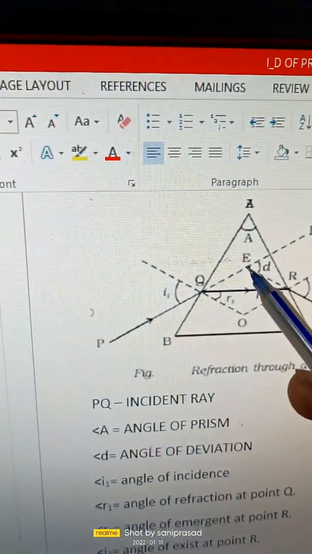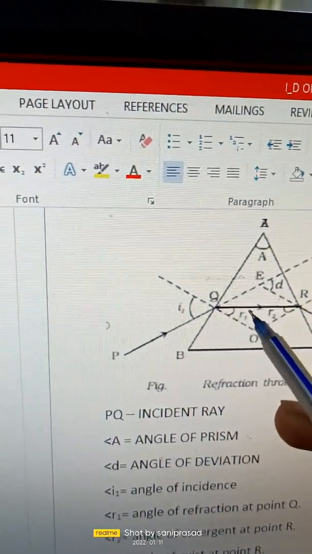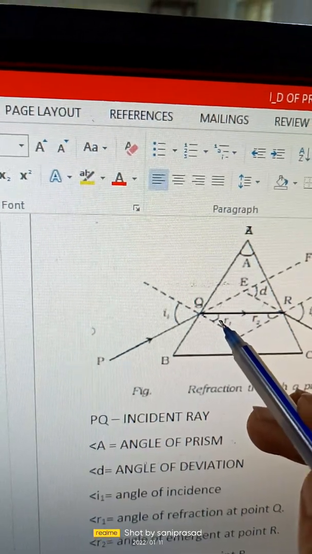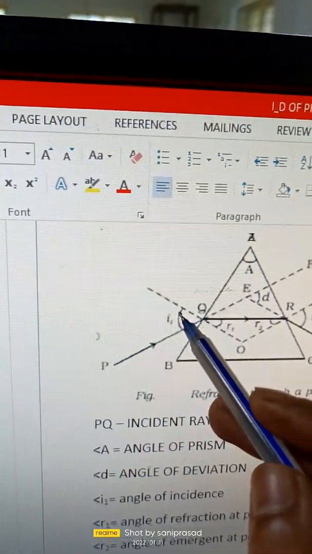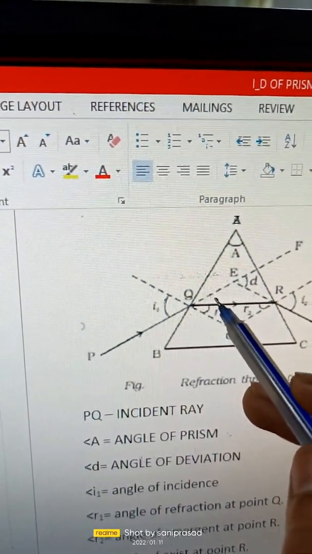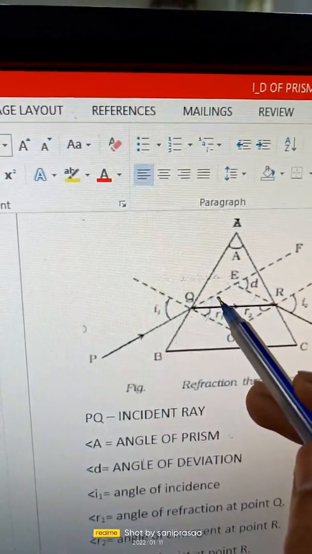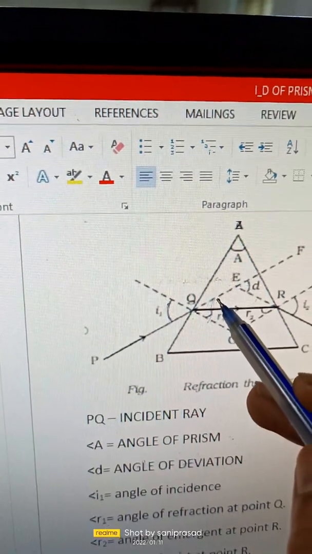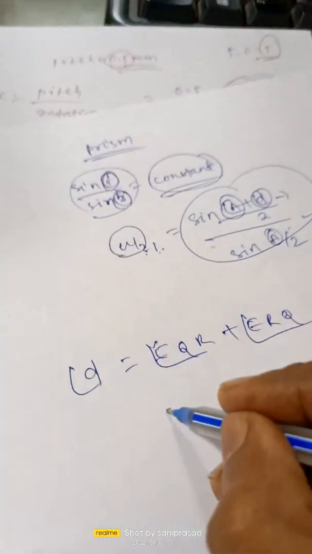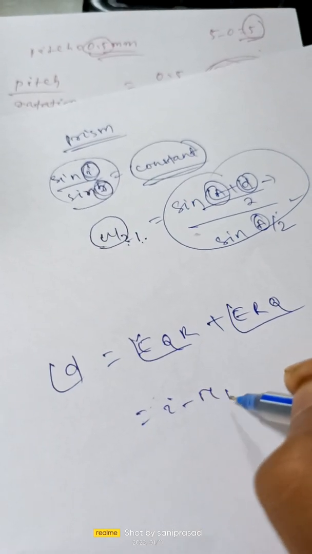What is EQR? Look, EQR will be this one. If this one is i1, this one also will be i1, so this total will be i1. So this angle will be i1 minus r1. You can write here i1 minus r1.